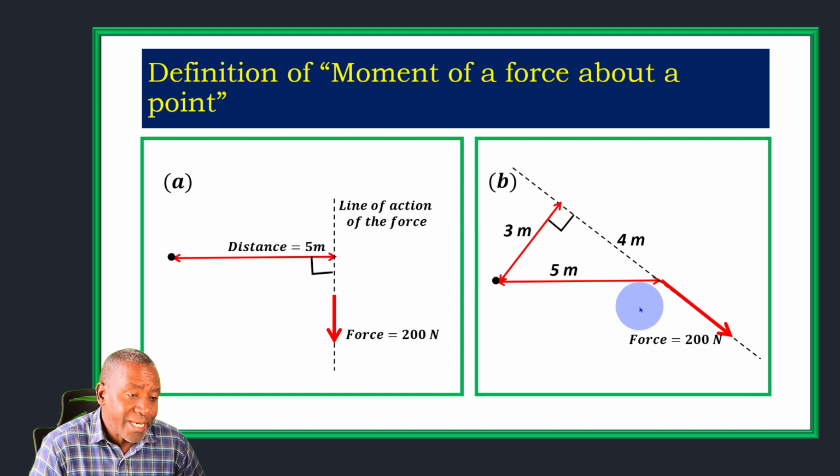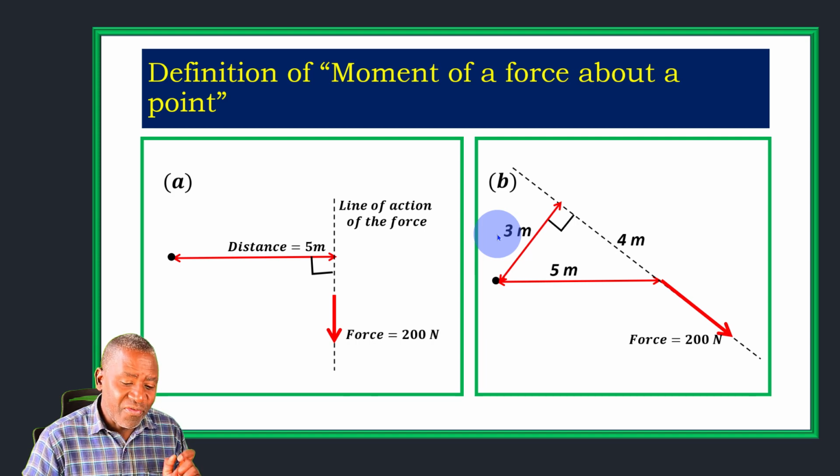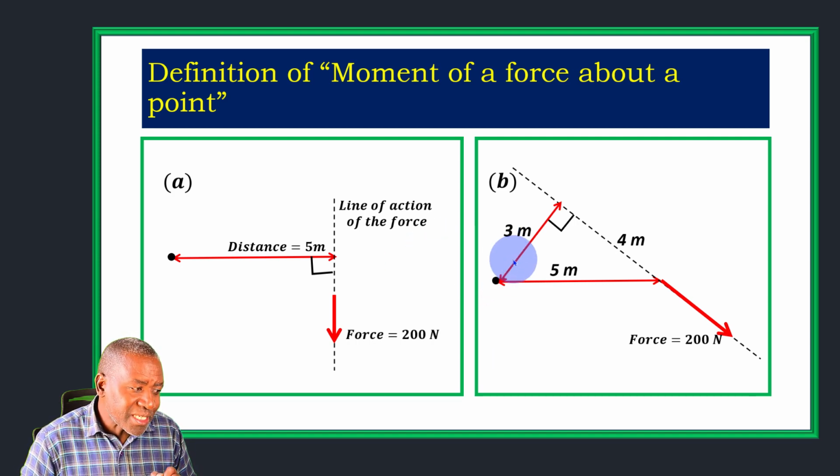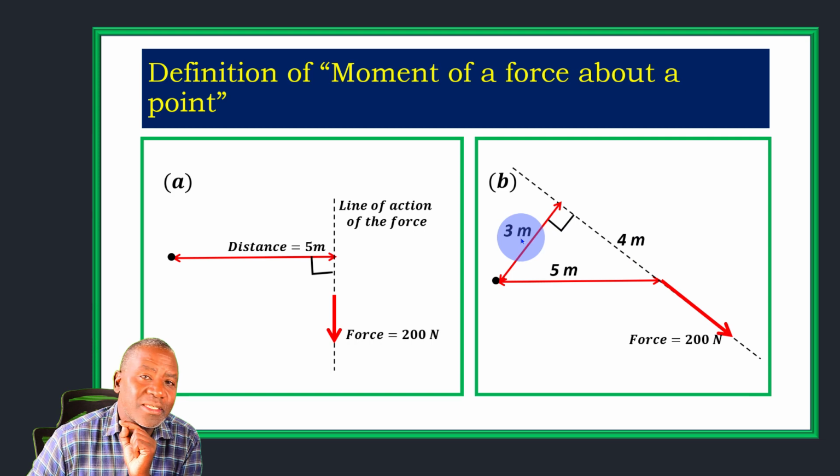But when it comes to this diagram, notice that the force and the distance are not perpendicular to each other. You've been given other distances here. After all, this triangle here is a right angled triangle, and by using Pythagoras theorem, if for example you are given this as the hypotenuse and this as one of the sides, you should be able to work out this length here as 3 meters and realize that the distance from the point which makes 90 degrees with the line of action of the force is the 3 meter distance.